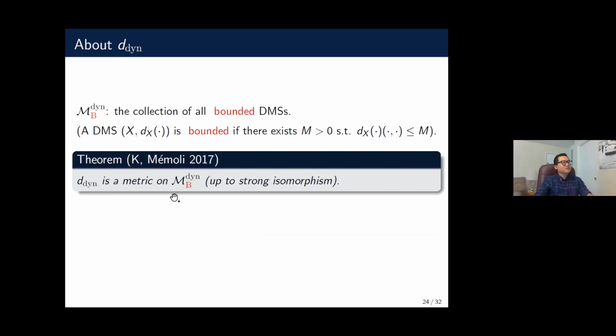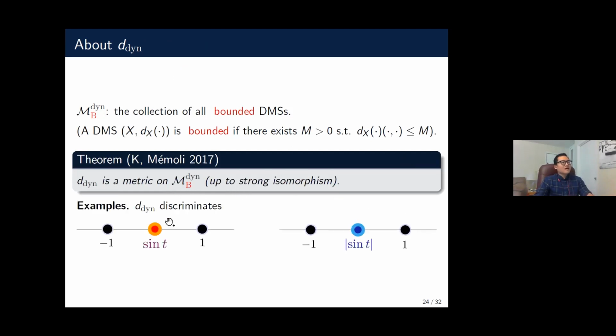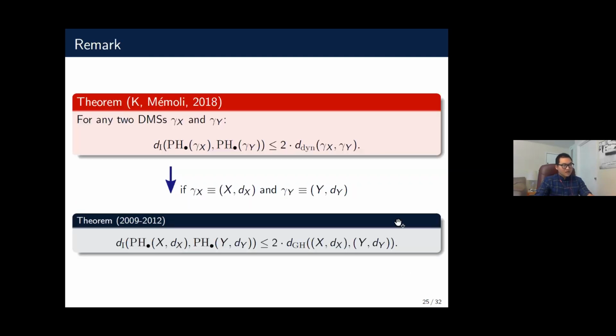It is not a pseudo-metric up to strong isomorphism. That means that this metric can discriminate these two weakly isomorphic dynamic metric spaces. I would like to also again emphasize that our theorem reduces to the standard theorem when we restrict ourselves to the constant dynamic metric spaces.